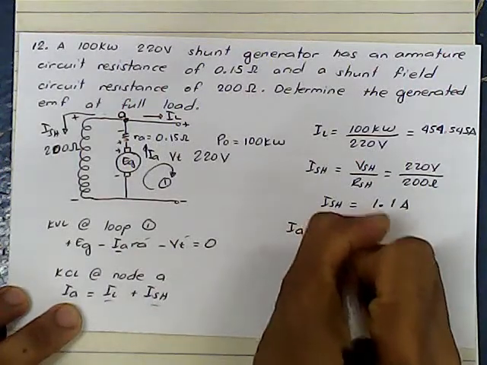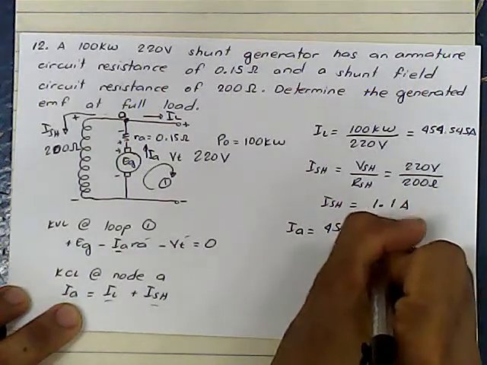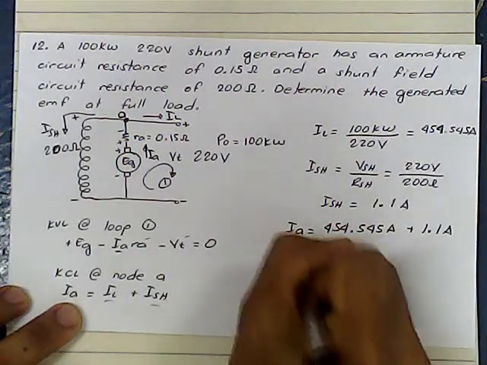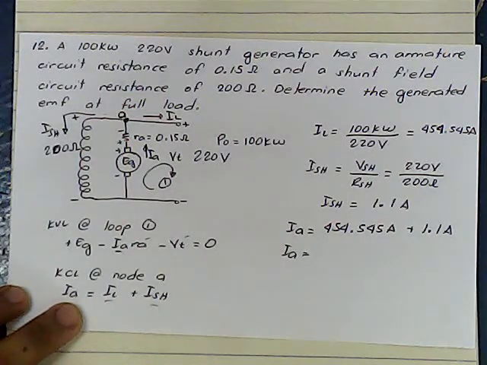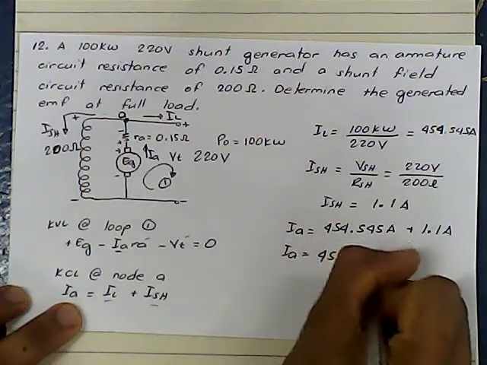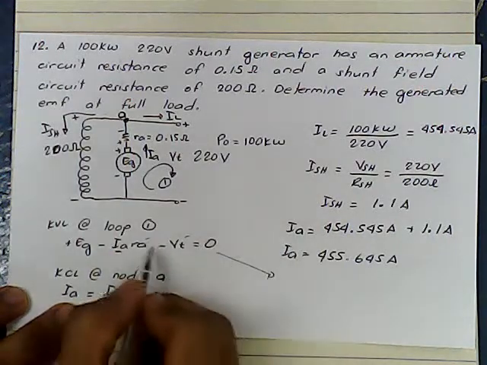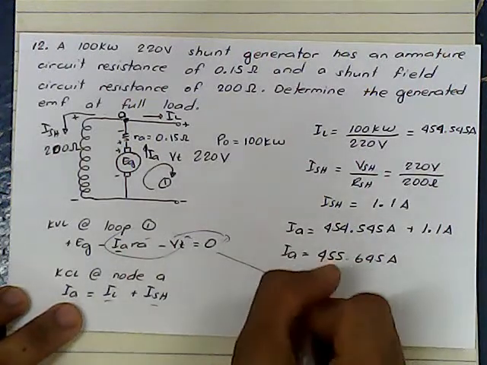IL is 454.545 amperes plus 1.1 amperes. So, IA is equal to 455.645 amperes.